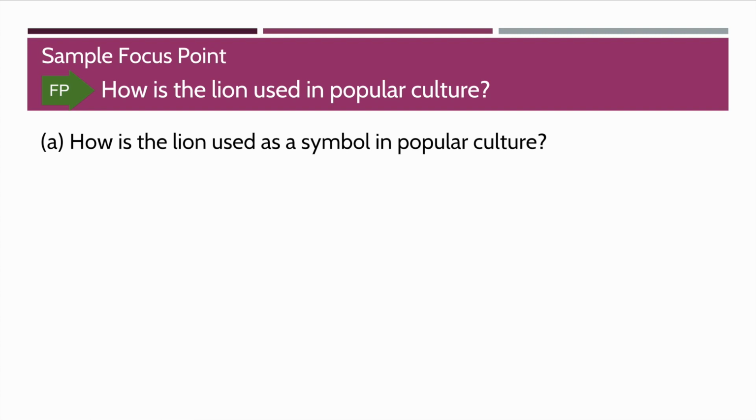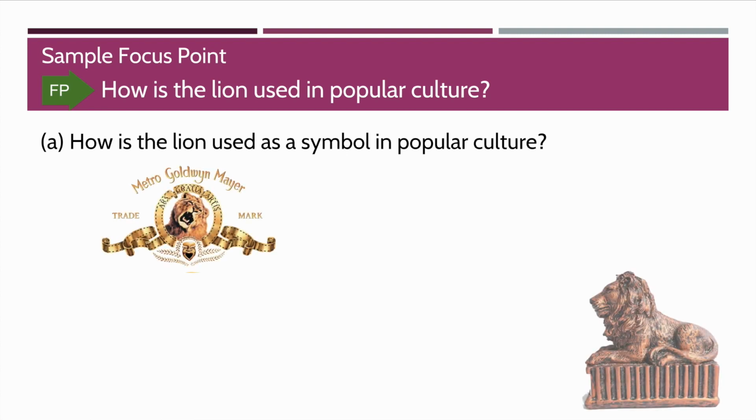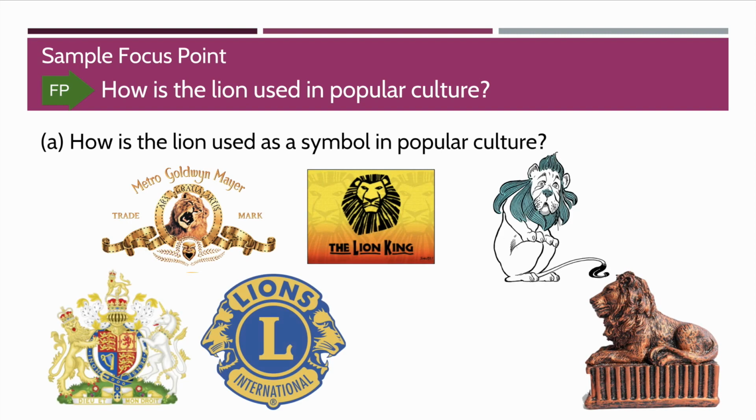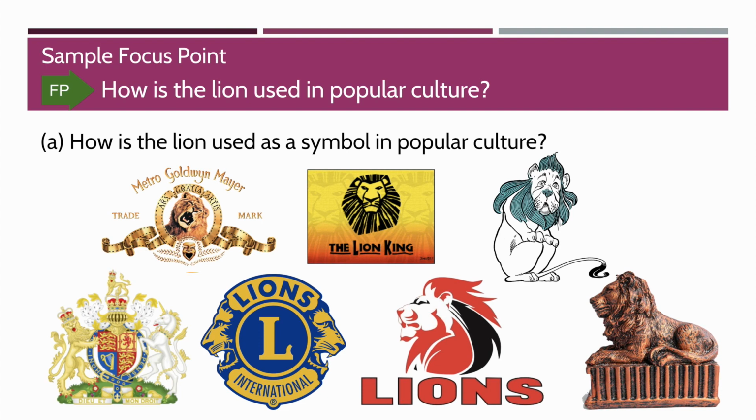I just came up with, off the top of my head, some different examples of where I see lions in my everyday life. For example, the large movie company, MGM, uses a lion. You may be familiar with The Lion King, which was a popular stage production, but also a successful cartoon.